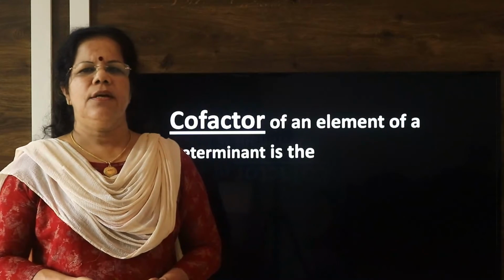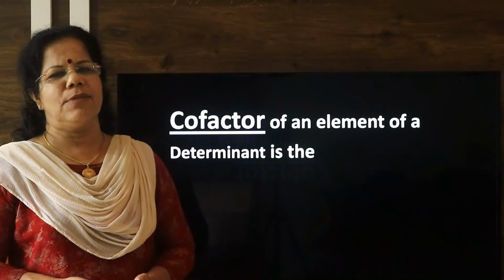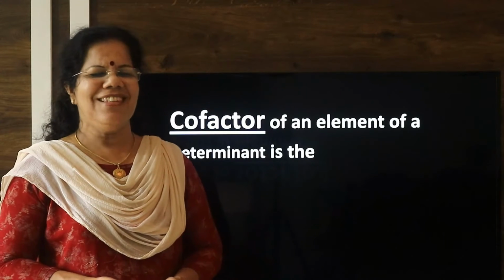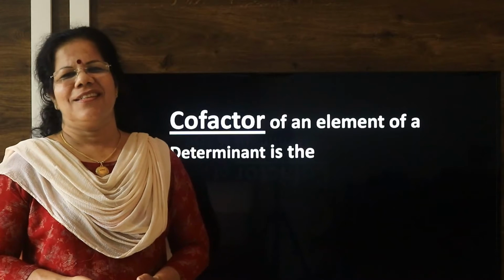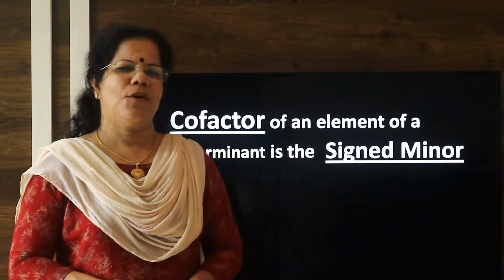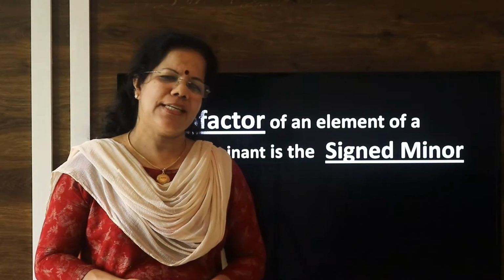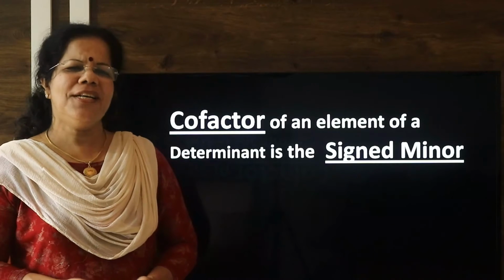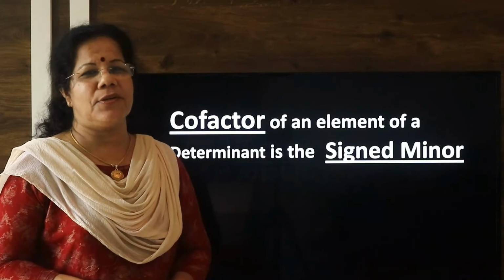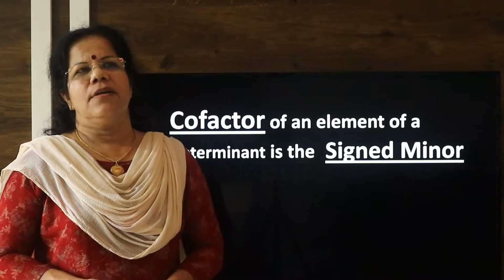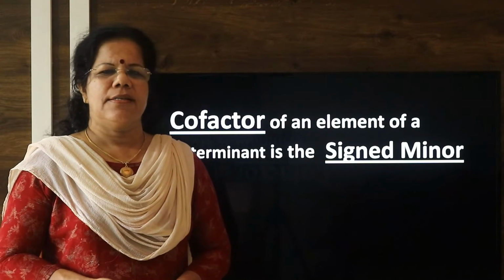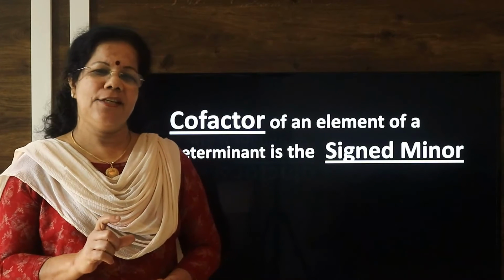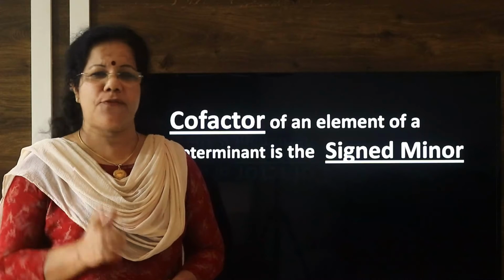Now the next is the cofactor. What is a cofactor? The cofactor of an element of a determinant is, in terms of minor, the signed minor. What is meant by signed minor? I will tell you. Suppose the cofactor of A11 is the signed minor, negative 1 whole power 1 plus 1.